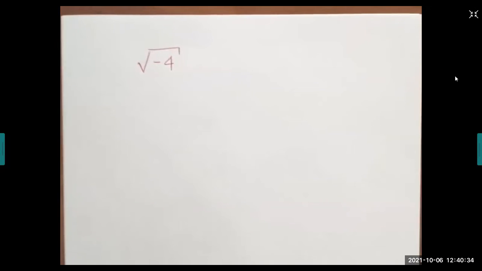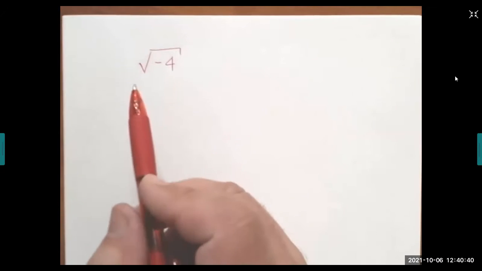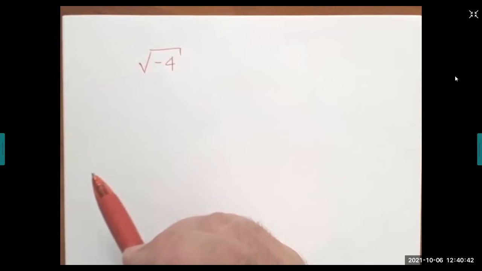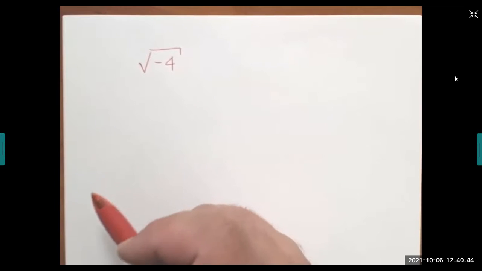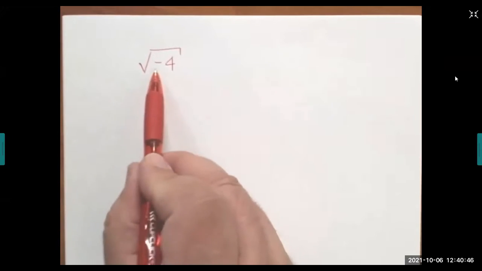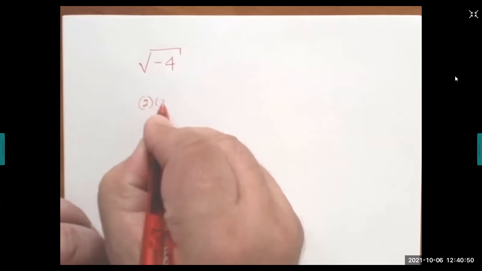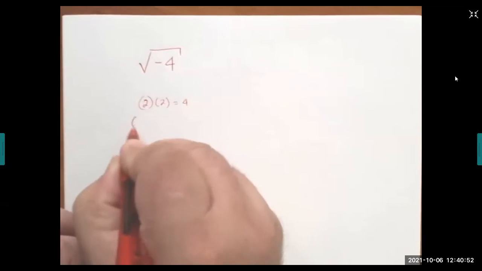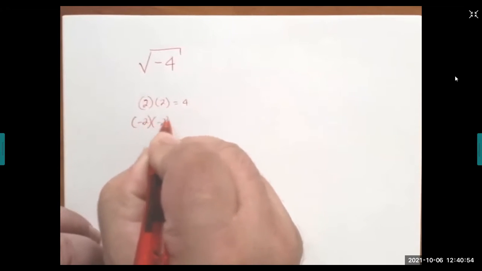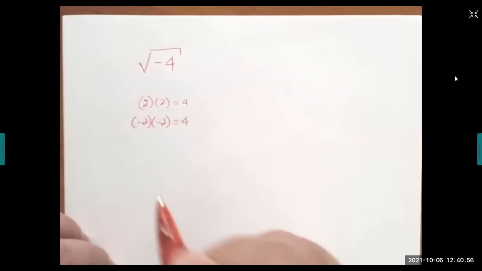Solve that. Remember, whatever multiplies in that has to be exactly the same number. 2 times 2 is 4, but not negative 4. 2 times 2 is positive 4. Negative 2 times negative 2 is positive 4.